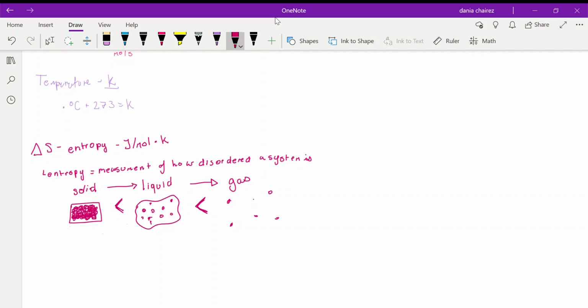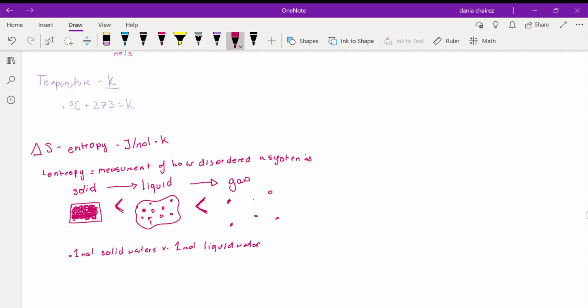So then let's take, for instance, if I were to ask you which system has a higher entropy between 1 mole of solid water versus 1 mole of liquid water.